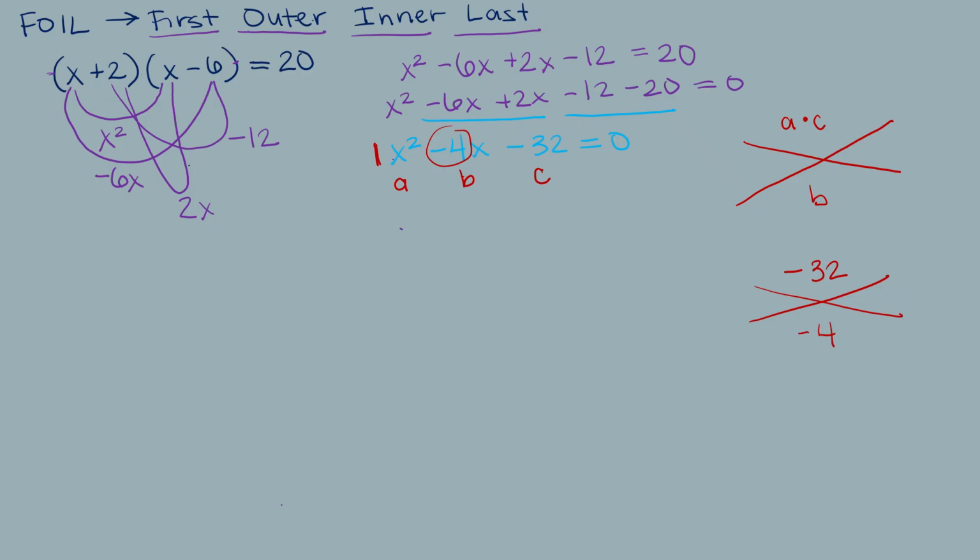Then what you're looking for is 2 numbers to put in these side triangles, and these numbers need to multiply together to be the value in the top one. So you're looking for numbers that multiply together to equal negative 32, and those same numbers need to add together to equal this B value, negative 4.